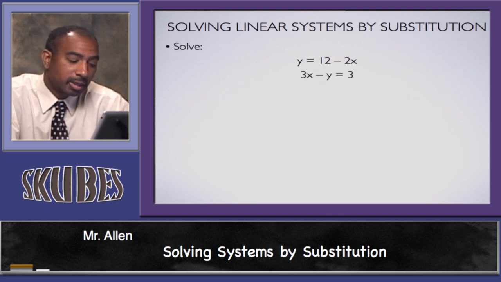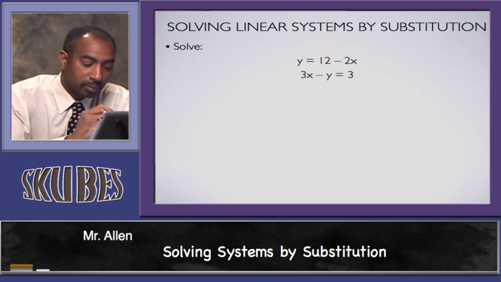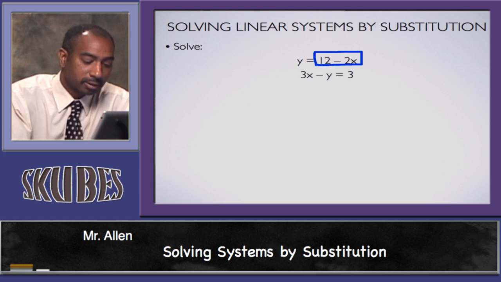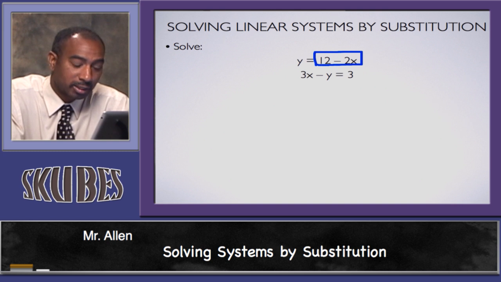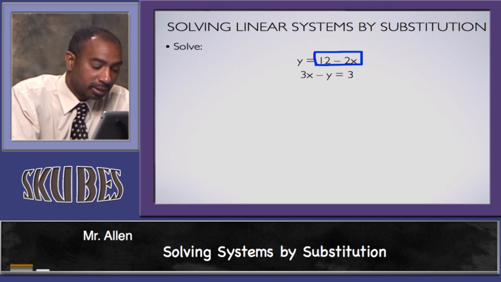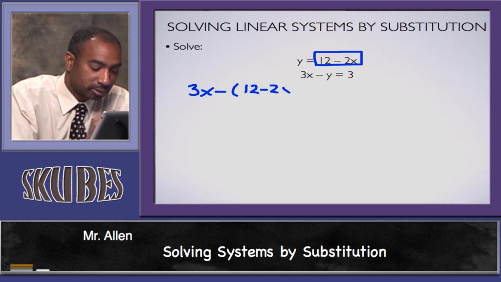Alright, solve the system y equals 12 minus 2x and 3x minus y equals 3. y is equal to this expression, 12 minus 2x. So we're going to substitute that expression into the bottom equation for y. So I have 3x minus the quantity 12 minus 2x equals 3.